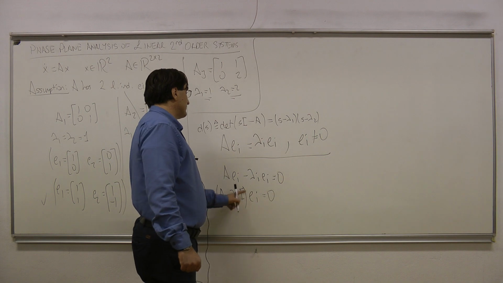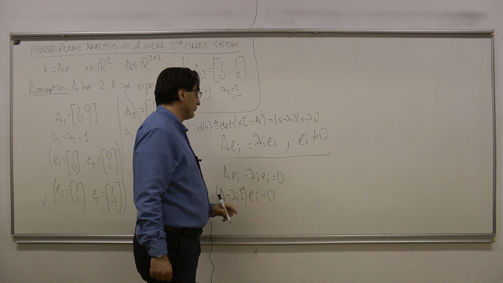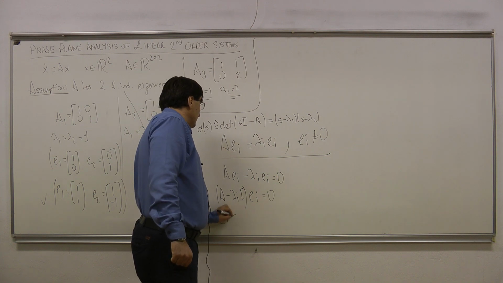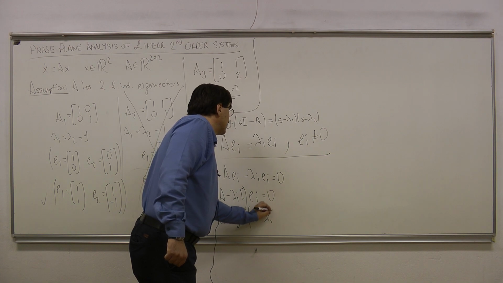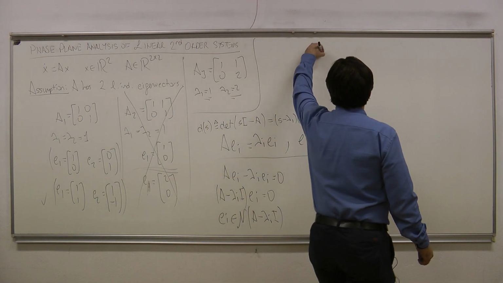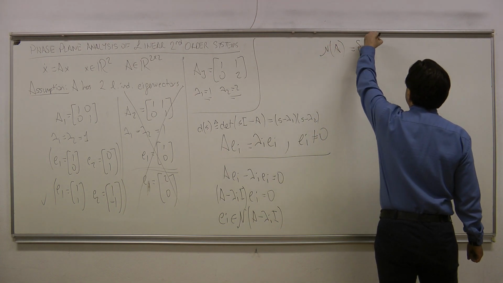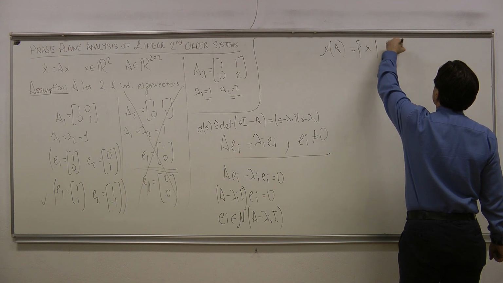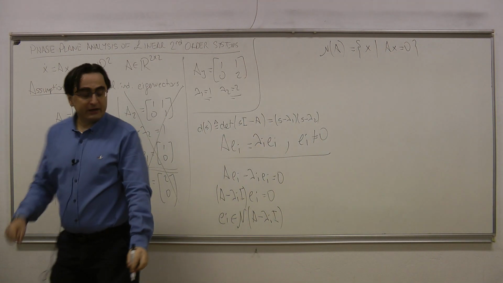So the vectors that satisfy such a relationship are said to be inside the null space of the matrix A minus lambda_i times identity. Here, the null space of any matrix A is the set of vectors x such that Ax equals 0.